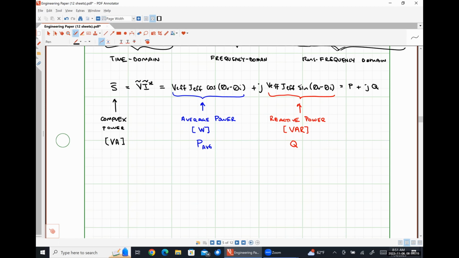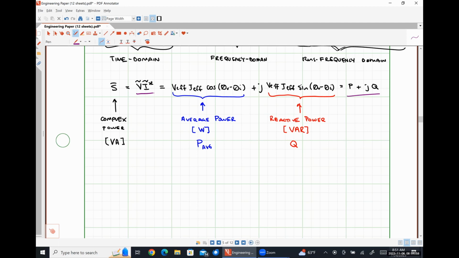Now, I'm putting it to you in this particular form over here because I genuinely do not expect you to ever use the equation for average power, V effective, I effective, cosine theta V minus theta I, or the equation for reactive power, V effective, I effective, sine theta V minus theta I, because if you can just do this simple operation in your calculator using complex numbers and tell your calculator, give me the answer in rectangular form, you know that the real part of that is just the average power, and the imaginary part of that result is just the reactive power.